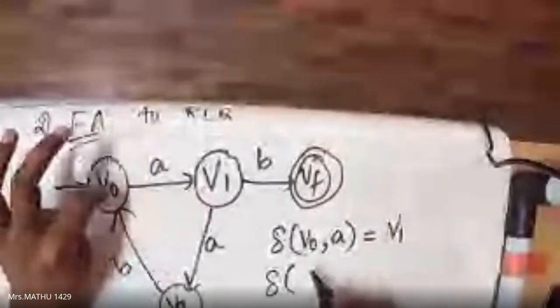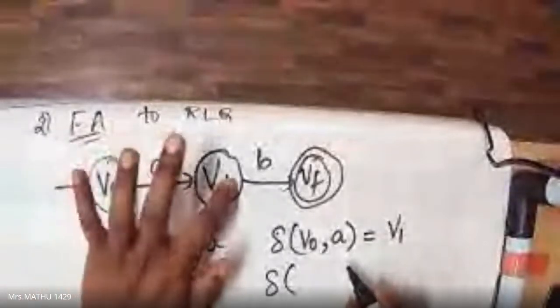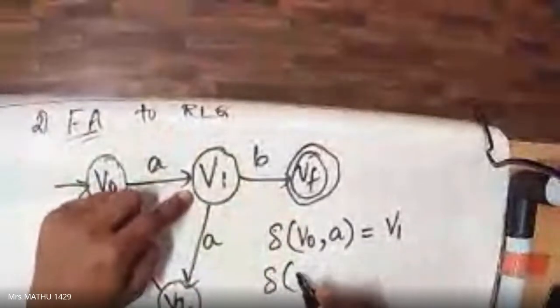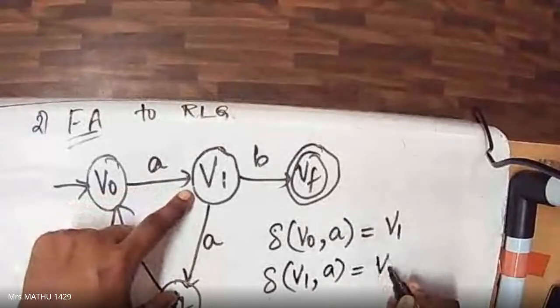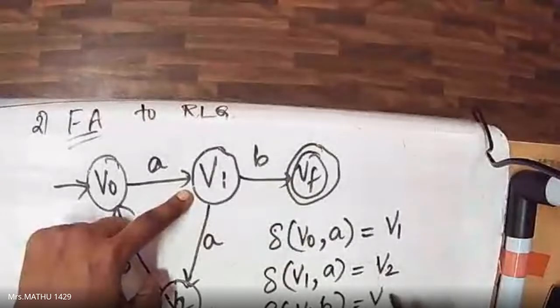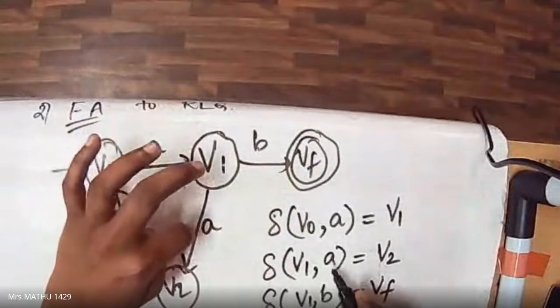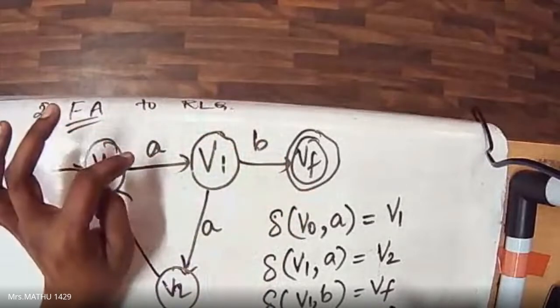There is only one outgoing edge from V0, so that transition is over. Then coming to V1, we have two transitions, one on input A and another on input B. So delta of V1 comma A is equal to V2, and delta of V1 comma B is equal to VF. I hope you understand.